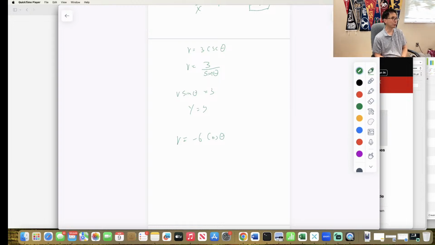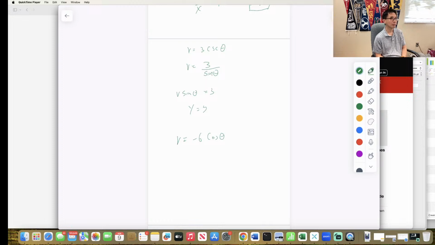Well, how do I hit 2 birds with 1 stone? Because on the left side is r, right? But r cannot convert to x in terms of x and y. But what can?